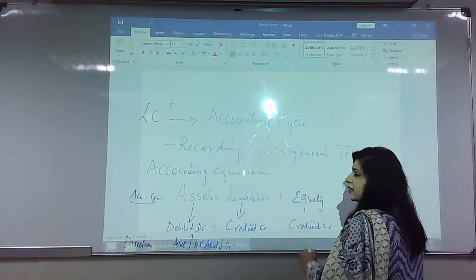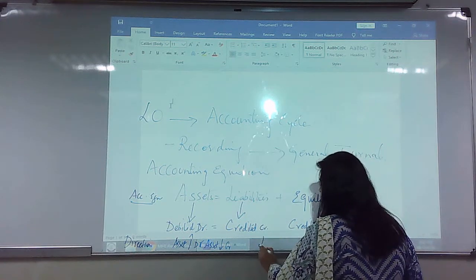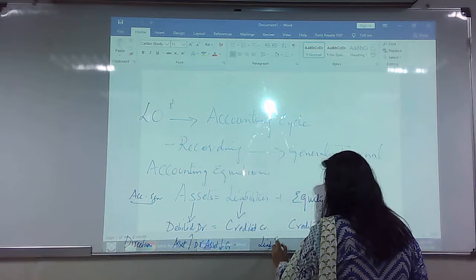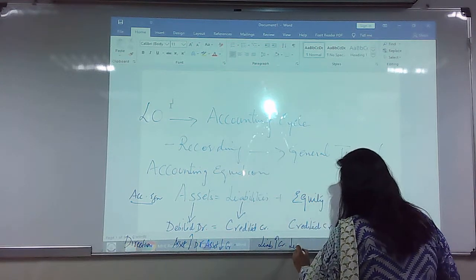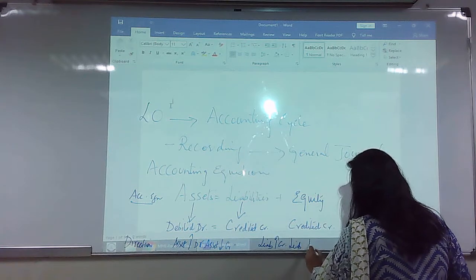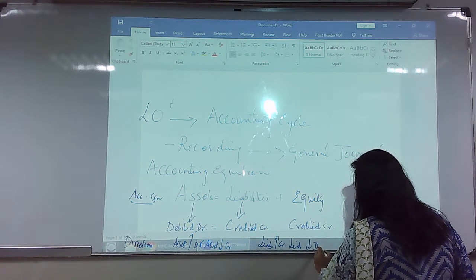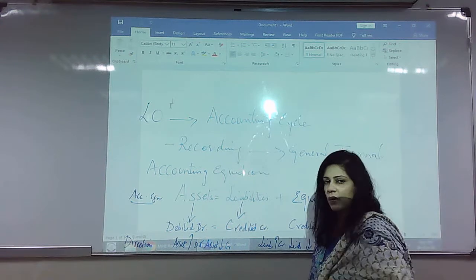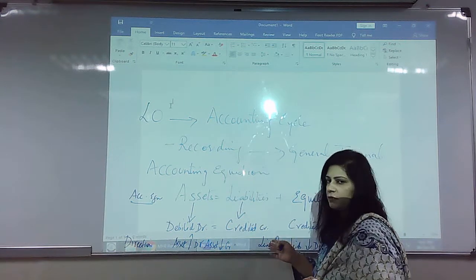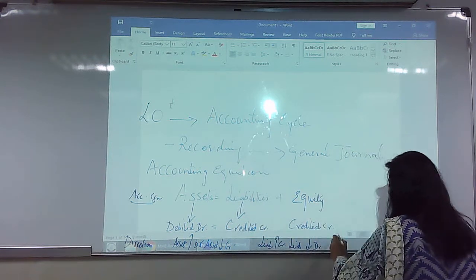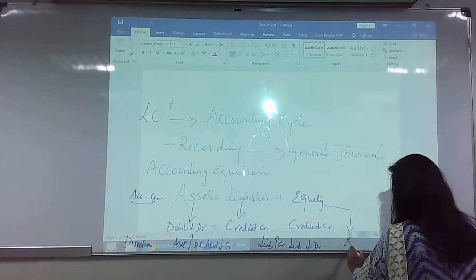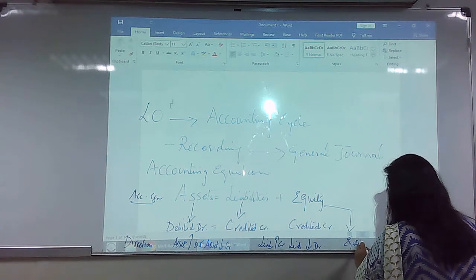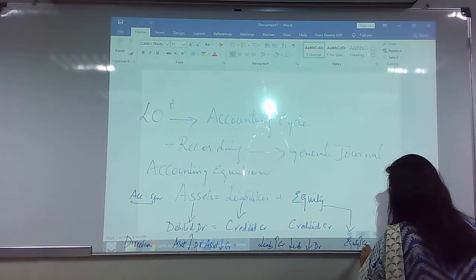Similarly, when liabilities increase, it is credited. But when liabilities decrease, then it is debited. And how it does that, I'm just going to give you an example after a moment. Similarly, now we have equity. So when equity increases, it is credited. If it decreases, it is debited.